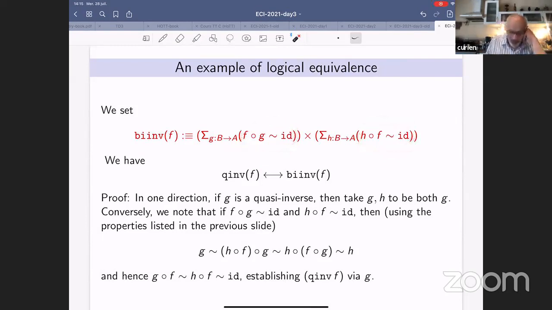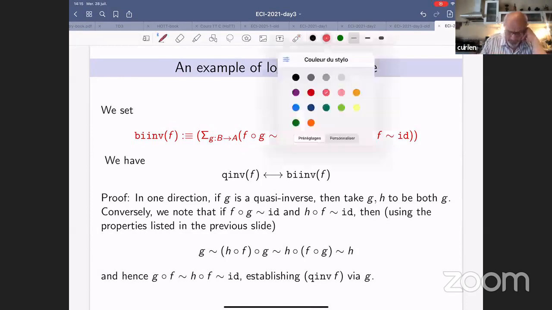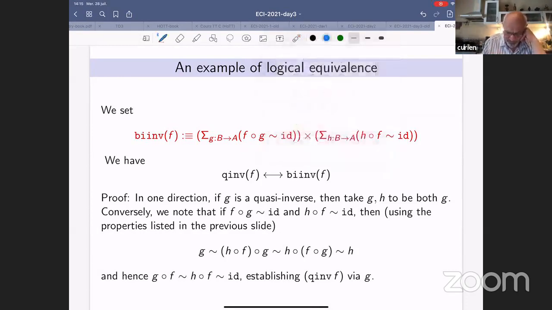So here let me give a name to such things. So for example, this will be called epsilon, and this will be called eta.